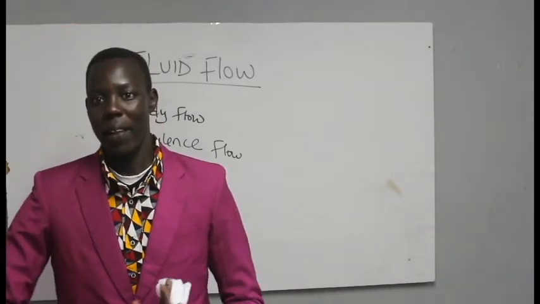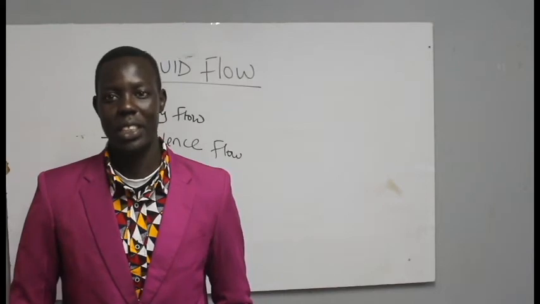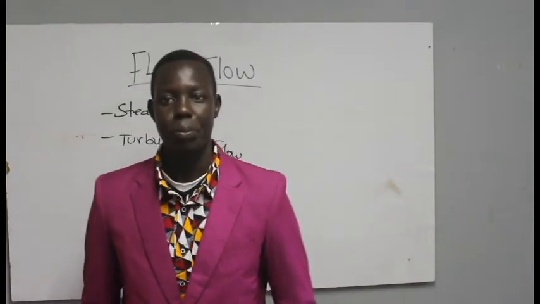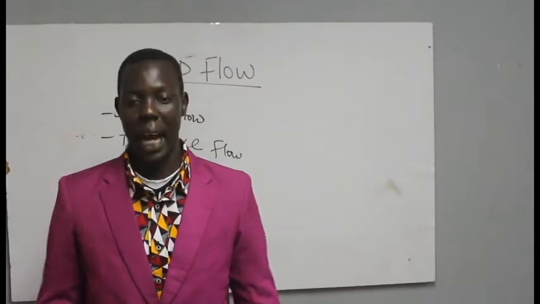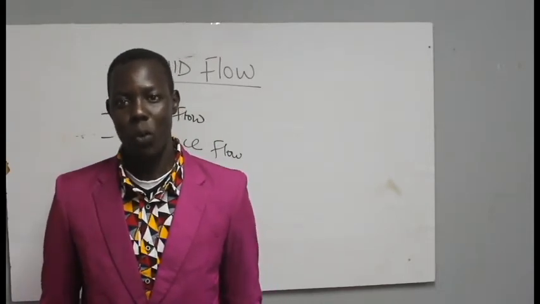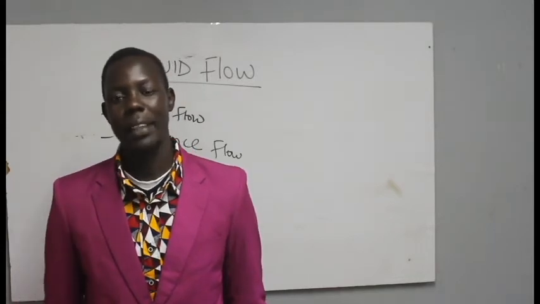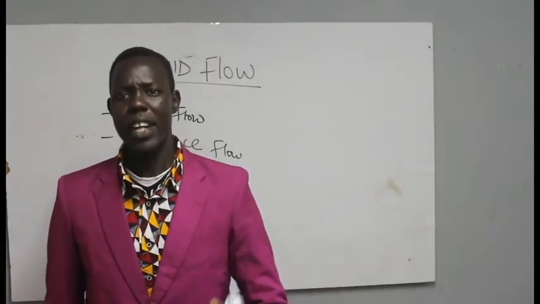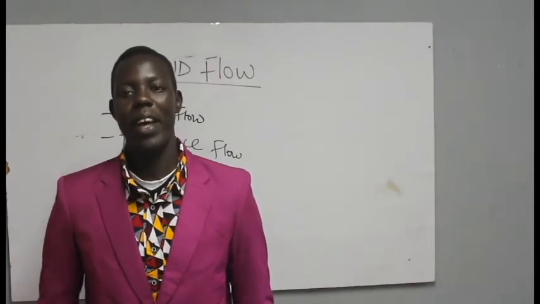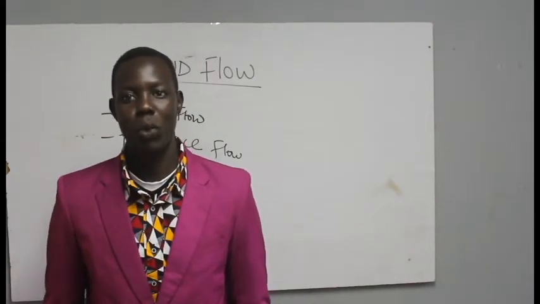Because, number one, there is a change in velocity at any given time. Number two, the direction changes at any given time. You may be asking yourself, what causes a fluid to have a turbulent flow? If there is an obstacle in the path of the flowing fluid, then it is going to have turbulent flow.